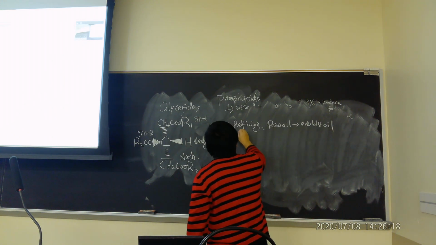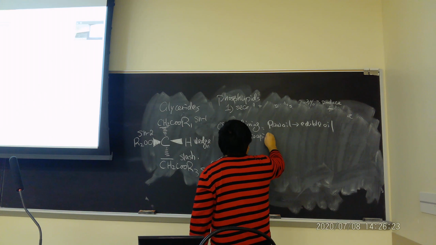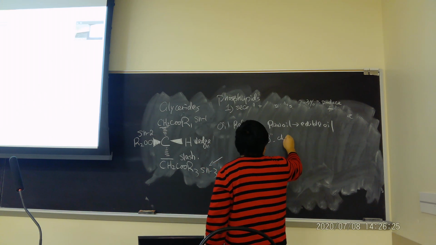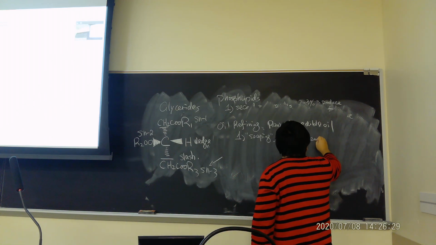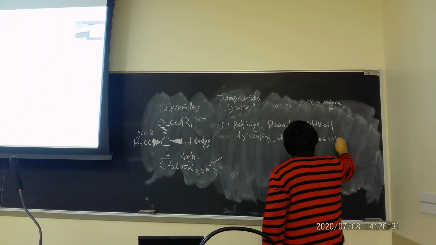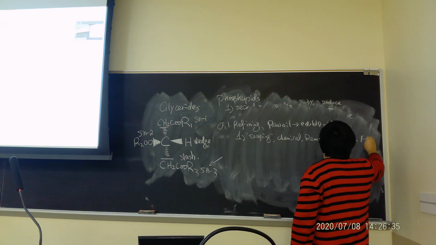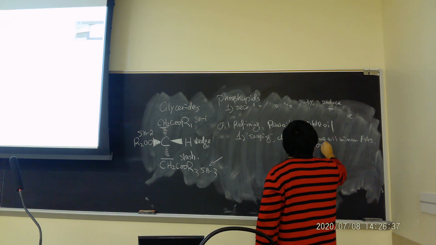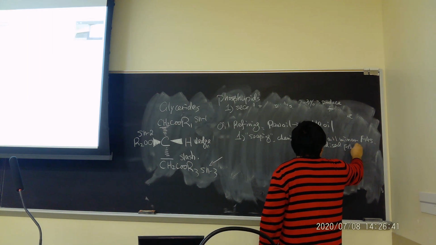Number one is soaping, which is chemical refining. You have to remove all minor unwanted fatty acids, such as oxidized fatty acids.